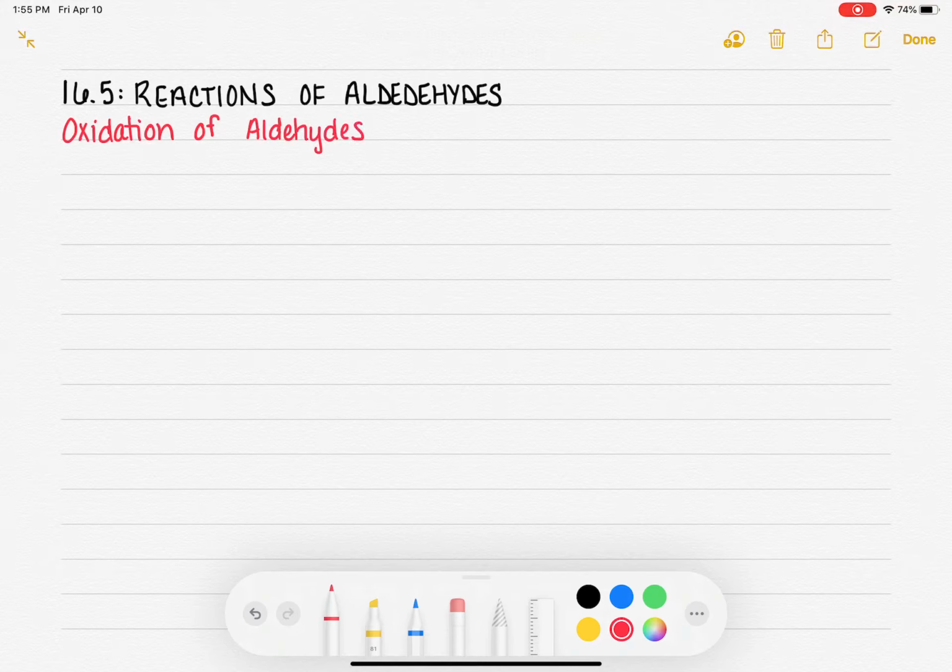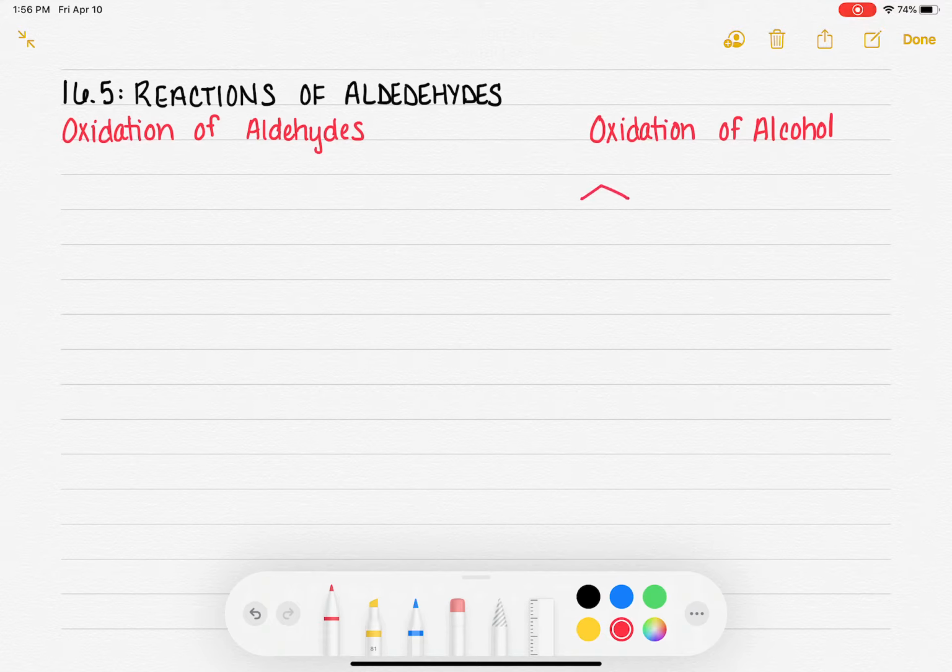And we have seen oxidation reactions already. We saw oxidation of alcohol reactions a while ago, so this is going to be somewhat familiar. So let's just do a quick remember of the oxidation of alcohol stuff over here.